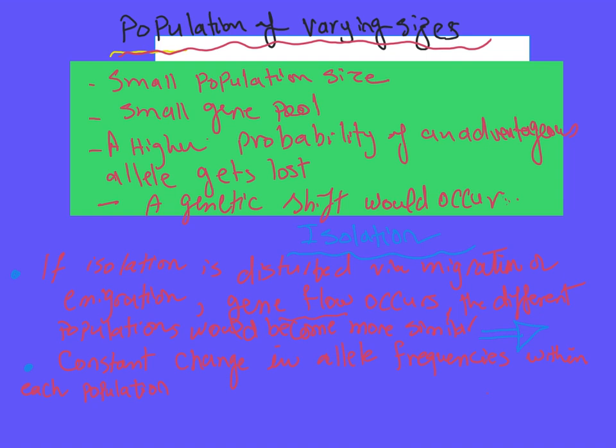We'll have different populations, but with similar organisms. And this will ensure that constant change in allele frequency will take place within each population. Now, if isolation takes place and the mating between organisms in the two populations is reduced, the gene flow will get reduced, and here speciation is more likely to occur.